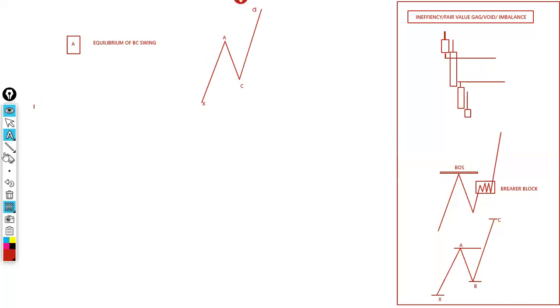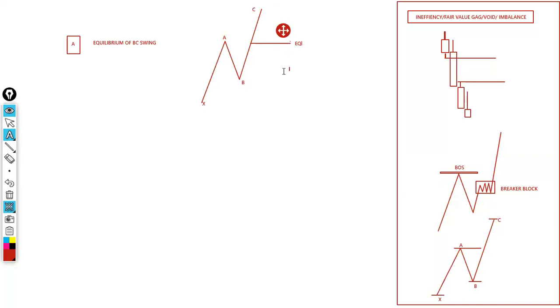Now, the first thing I will want to see in this market is the equilibrium of the BC. What is the equilibrium of the BC? It is the midpoint of the BC swing. So I have this as my BC, and this is the EQ of the BC.